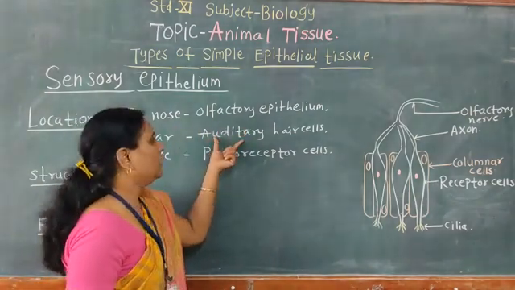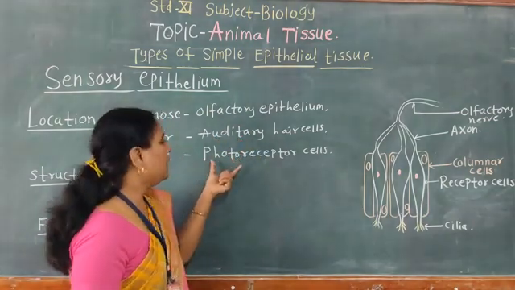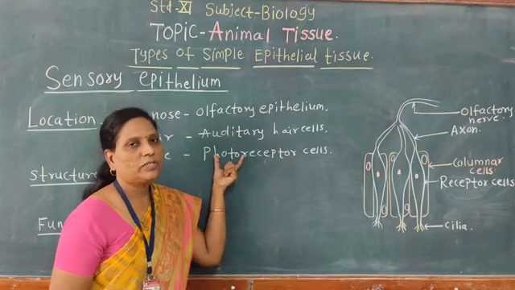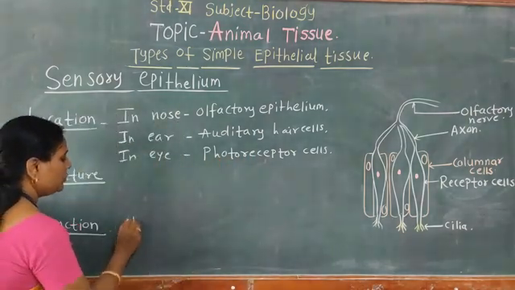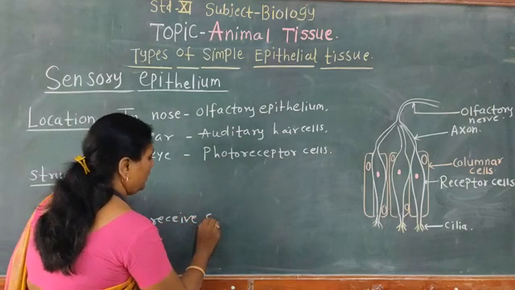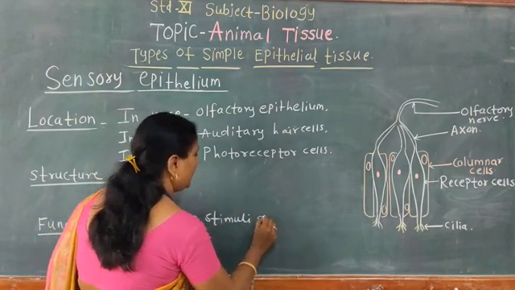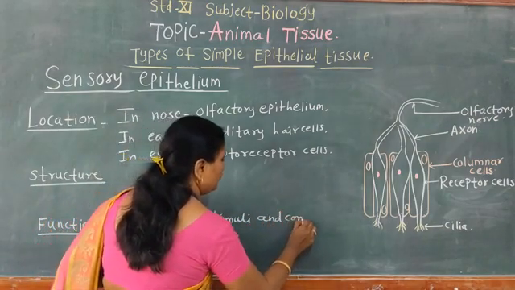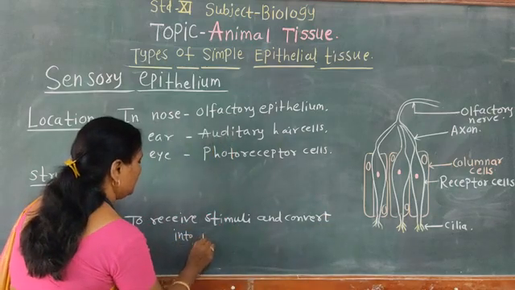In ear they are called auditory epithelium, and in eye they are called the photoreceptor cells. So what is the function of these cells? To receive stimuli and convert into impulse.